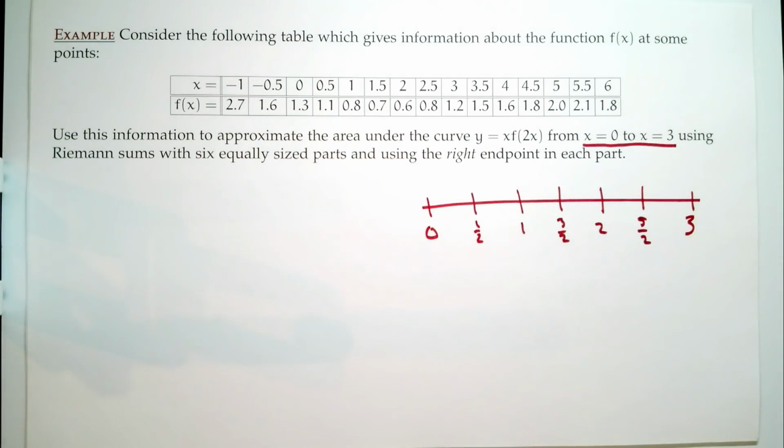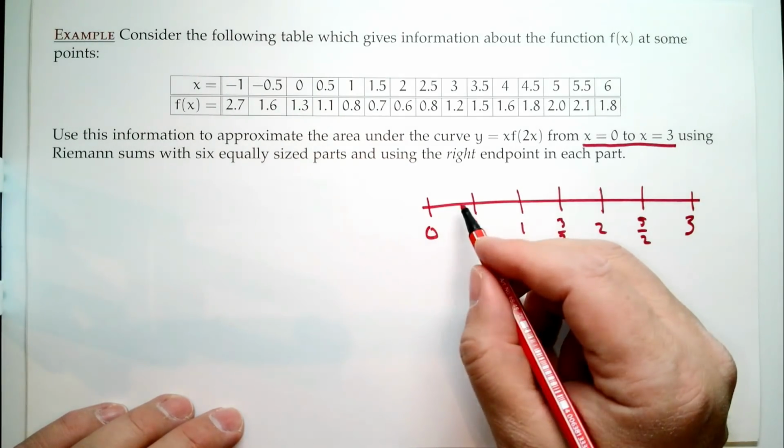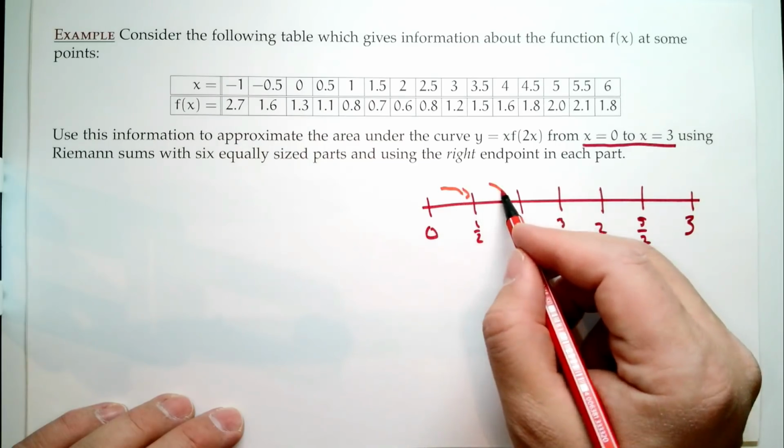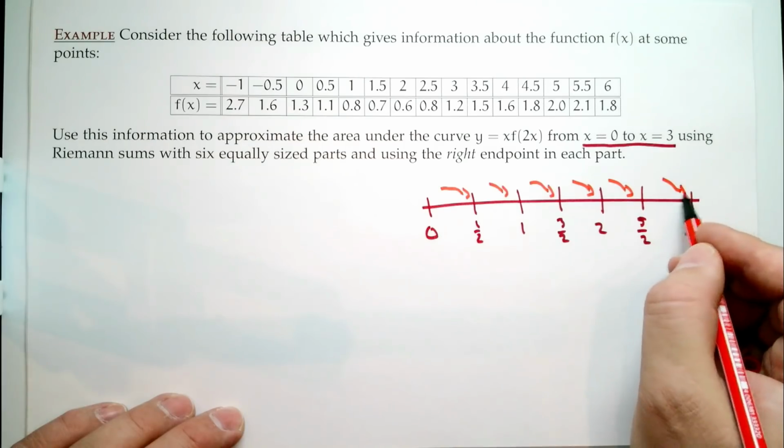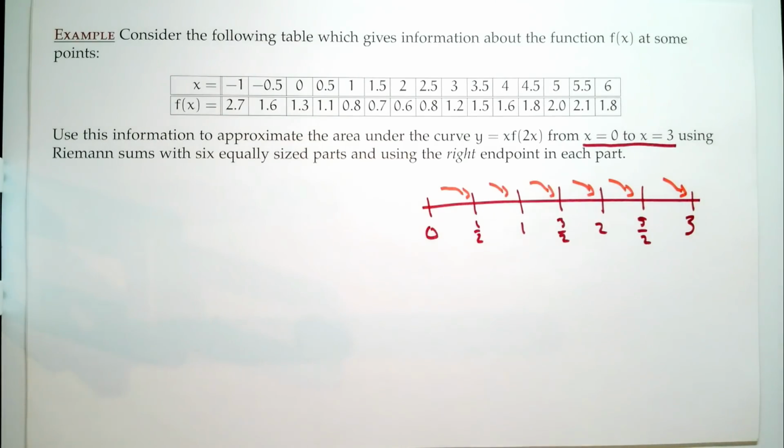So those are the intervals. All right. Now, what's happening? Well, we're going to use the right endpoint in each part. So in other words, for each interval, we're always going to be biased towards the right-hand side. So in particular, if we're doing 6 intervals, we should have 6 parts. All right. Now we're almost there.